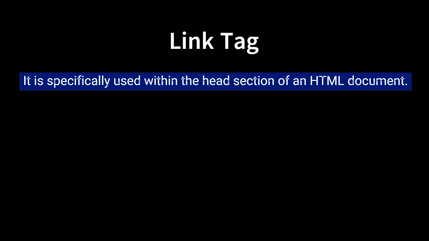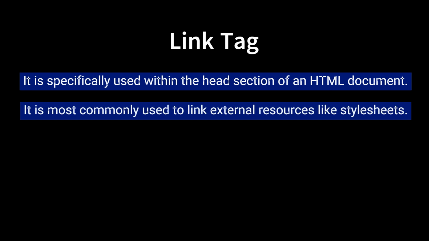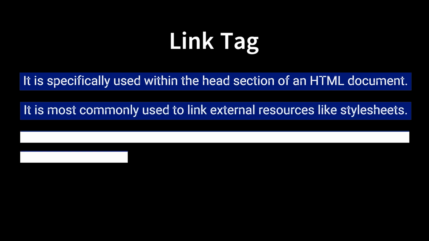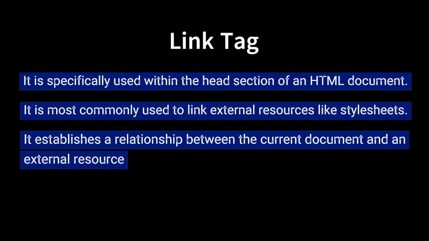Next, let's explore the link tag, specifically used within the head section of an HTML document. It is most commonly used to link external resources like style sheets. It establishes a relationship between the current document and an external resource. The basic syntax of a link tag is as follows.